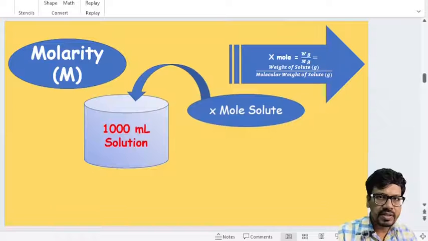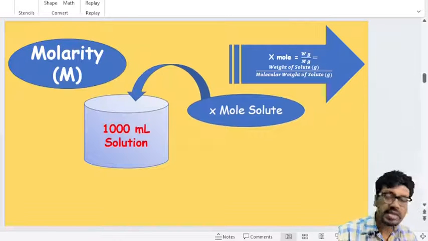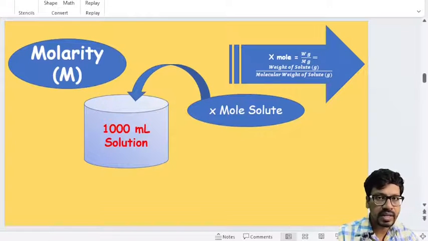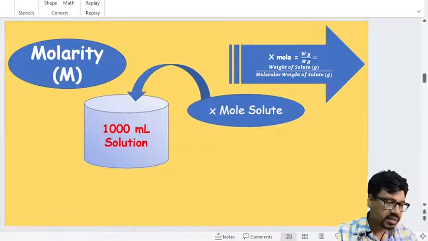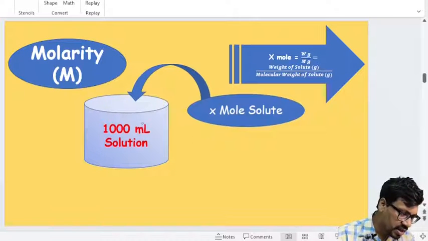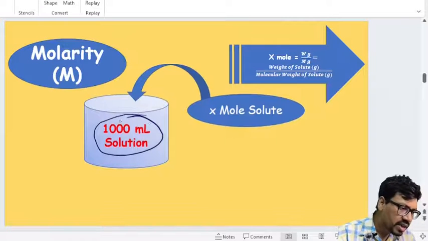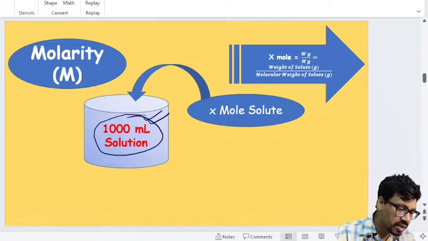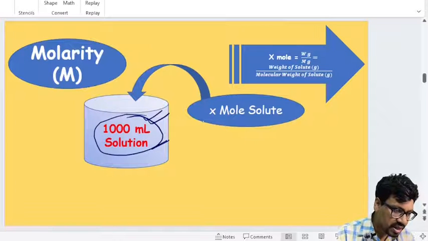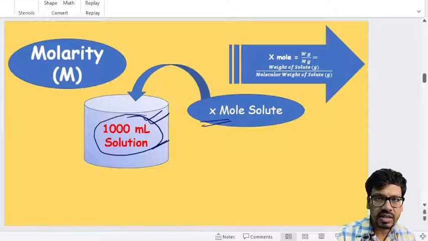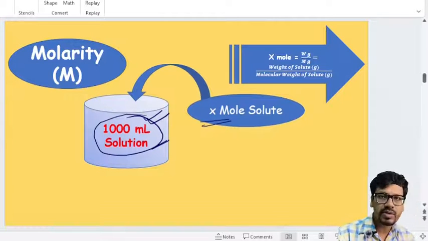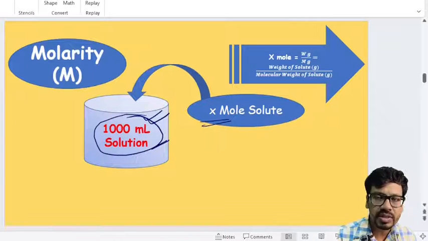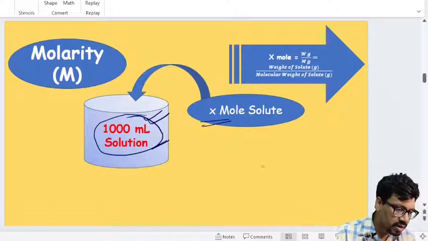Next one is molarity. This is very important. Molarity means, as in the pictorial representation I have shown you, in 1000 ml solution, if X mole of solute is present, the molarity of the solution is X molar.